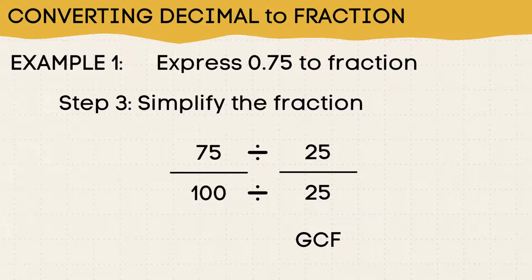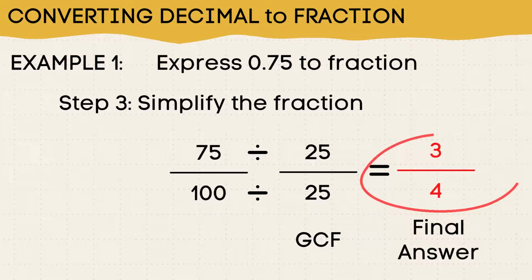So we are going to divide both the numerator and denominator by 25. 75 divided by 25 is equal to 3. 100 divided by 25 is equal to 4. So the resulting fraction is 3 over 4.